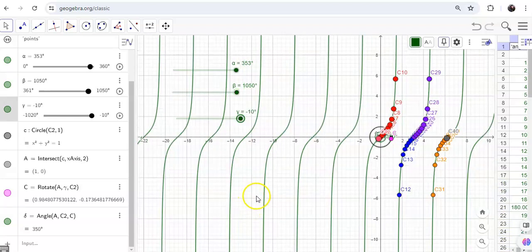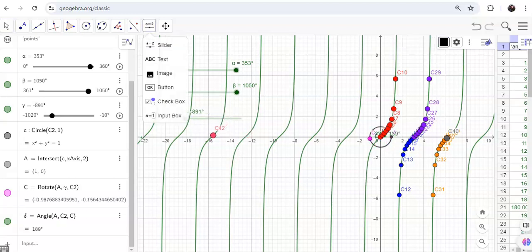For the negative angles, one semicircle is one period, half of a semicircle is half a period. So one semicircle, one period, another semicircle is another period.